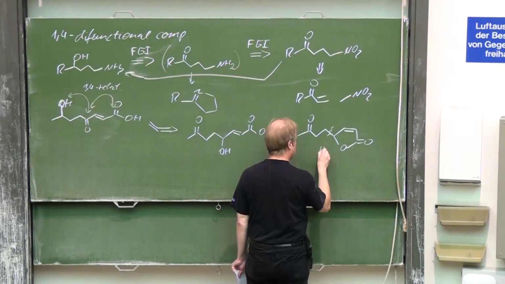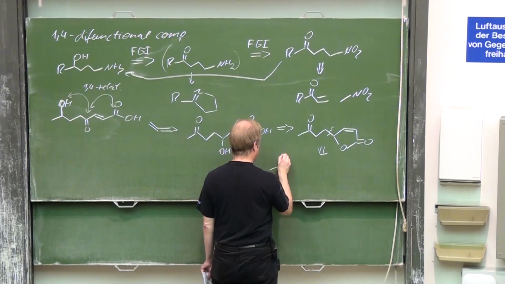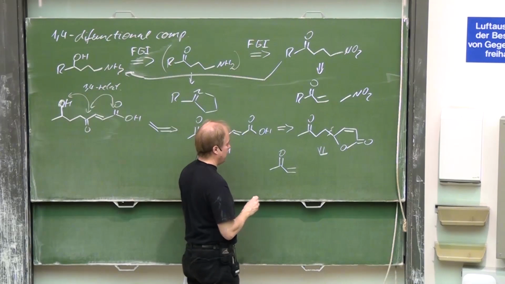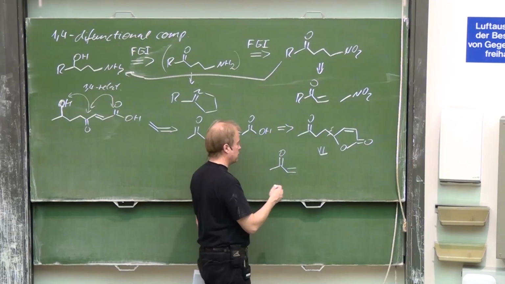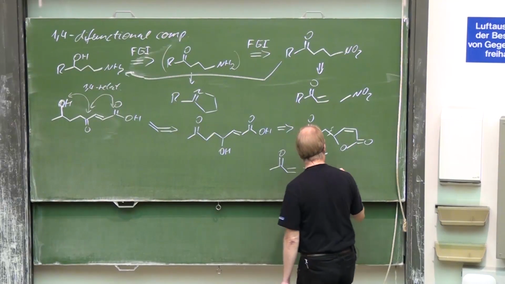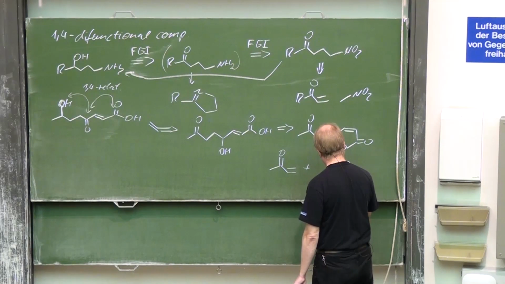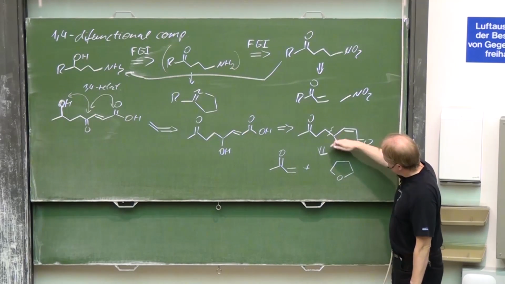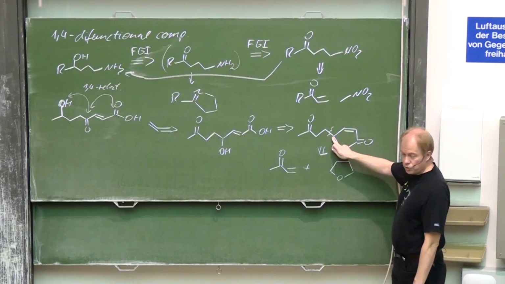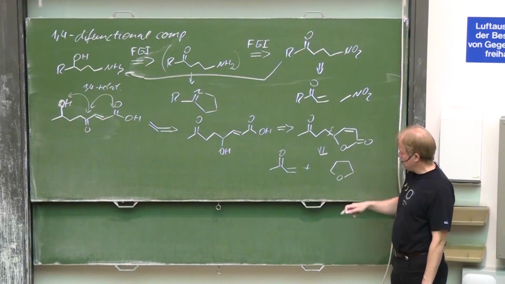And now this intermediate offers the idea to have methyl vinyl ketone as one starting component, and this moiety as a nucleophile means an anion here.